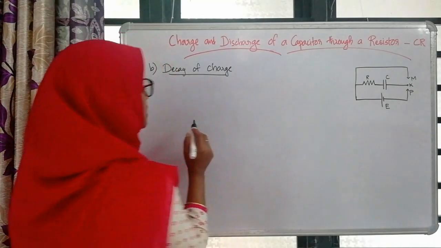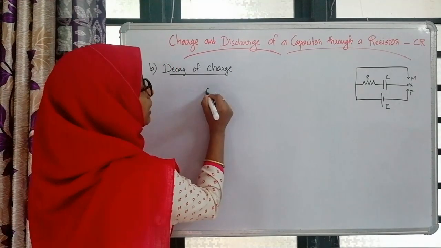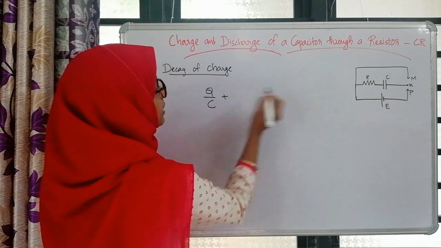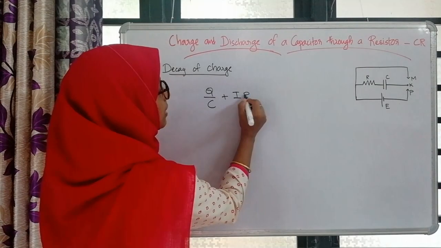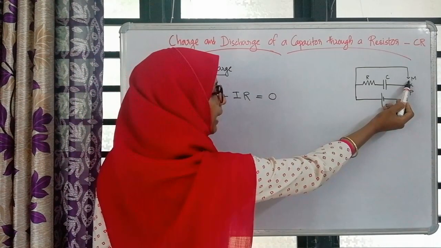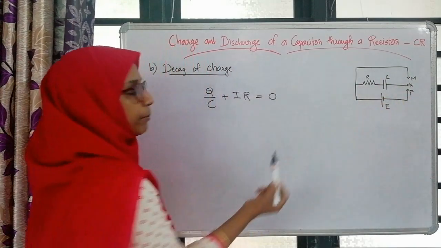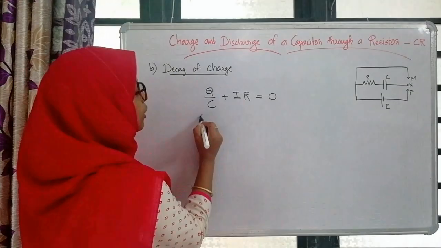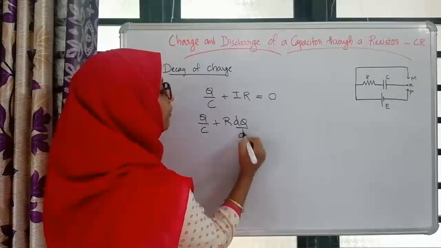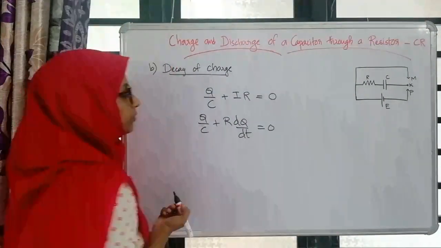In such a case, we can write the potential difference across the capacitor, Q by C, plus the potential difference across the resistance, IR, will be equal to 0, as when it is connected to M, there will be no applied EMF. That is, Q by C plus R dq by dt will be equal to 0.